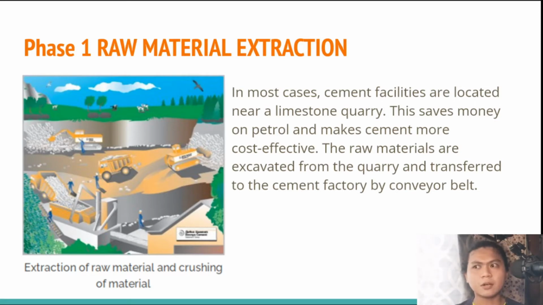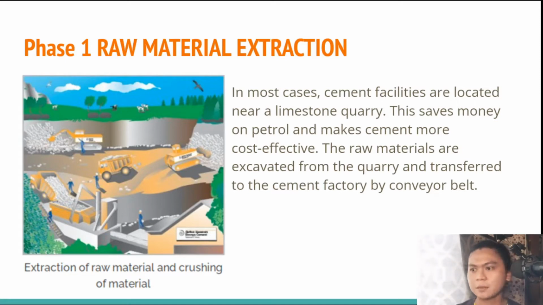Also, with less time traveling those raw materials to the manufacturing site, they can cut the travel time that they would have if they were far away from the quarry, and as a result they could produce even more cement and drive those profits high up.